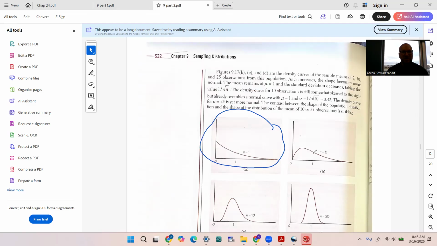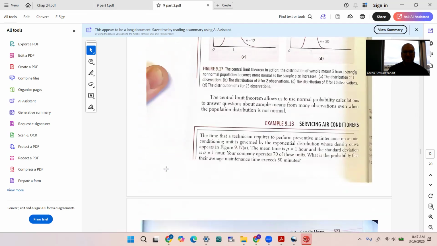It's definitely not normal, but it's getting closer. At n is 10, we've got this little skewed tail off here, but otherwise it's pretty normal. By n is 25, that looks awfully normal, doesn't it? The sample mean of 25. I believe they prove that with a bunch of calculus that you guys don't know yet.